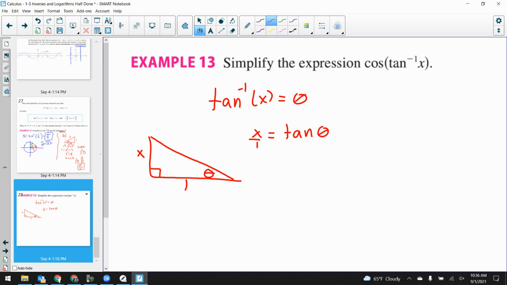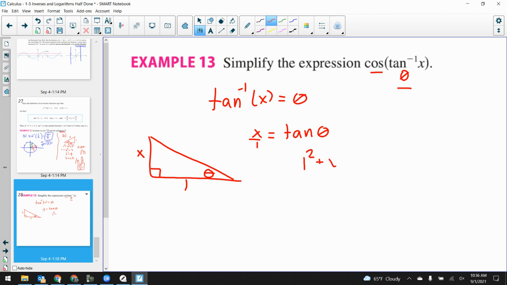Opposite over adjacent, x over 1. Okay, so look at what I'm trying to find. This is going to get me my theta, right? Well, all I'm really trying to find is cosine theta. So my end goal is going to be to do adjacent over hypotenuse. So I just need to find the hypotenuse of this triangle.